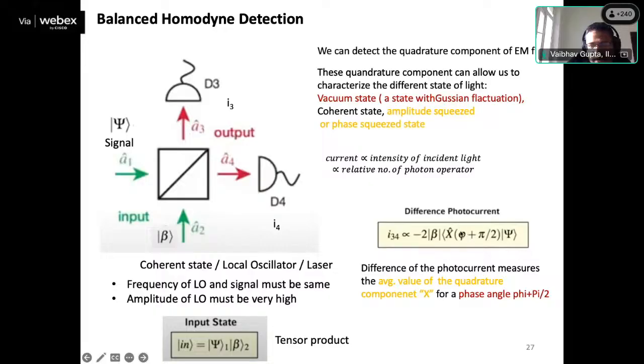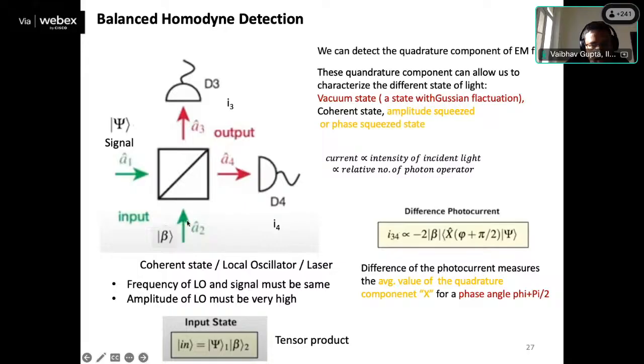What is phi? Phi is the phase difference between this local oscillator and the signal. So actually it's in our hand. We can change phi, and then for different phi we can keep calculating I3 minus I4. By doing that we will get something. I will explain it to you. But I hope you understand how the mechanism works.